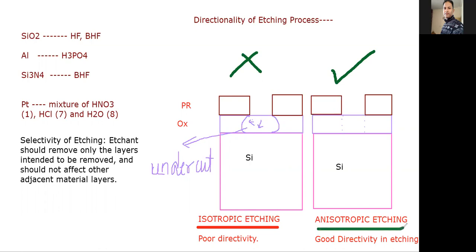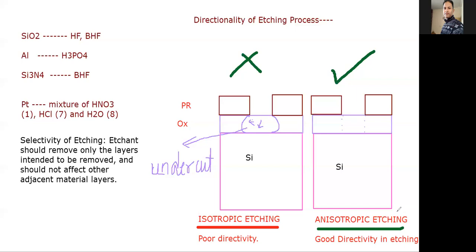So this is the case of isotropic etching and this is the case of anisotropic etching. With this I will conclude this lecture, and in this lecture we have discussed some of the etchants used for removing materials like silicon oxide, silicon nitride, aluminum. Further we have discussed two important concepts.